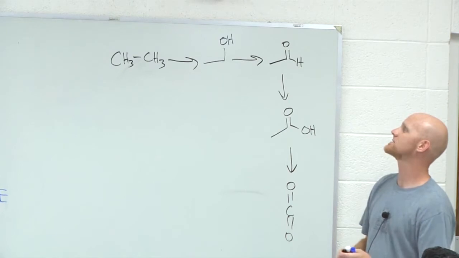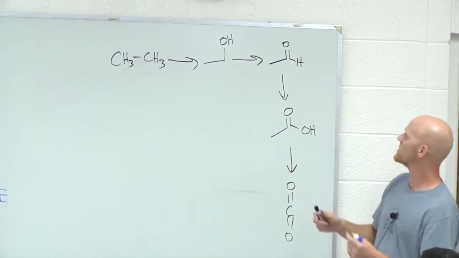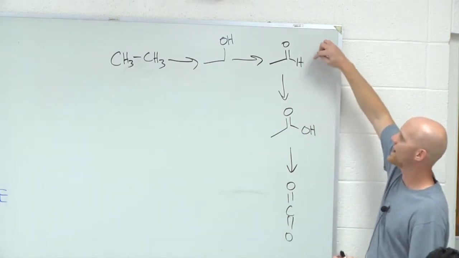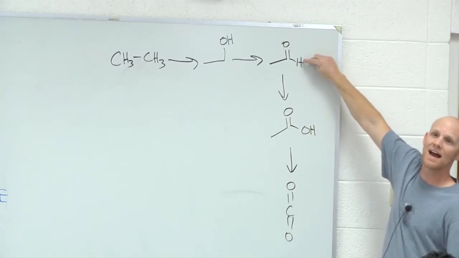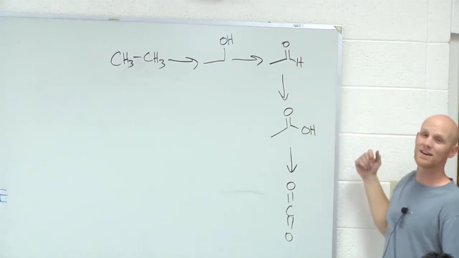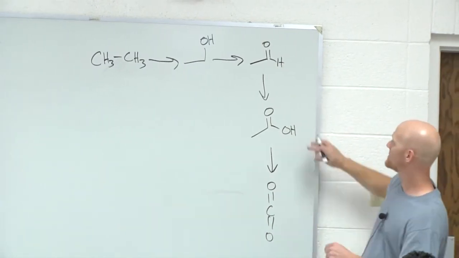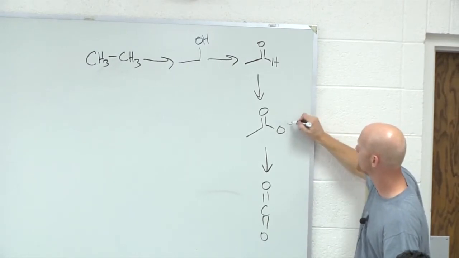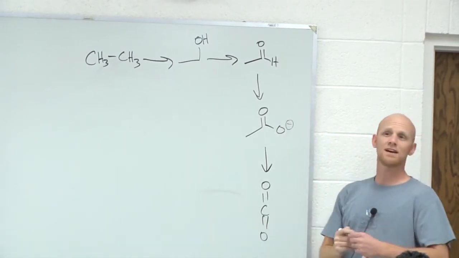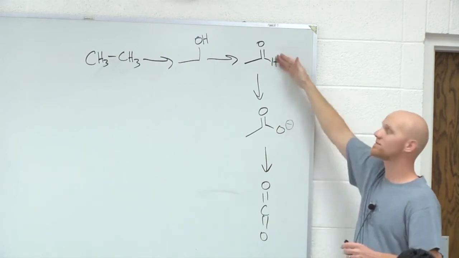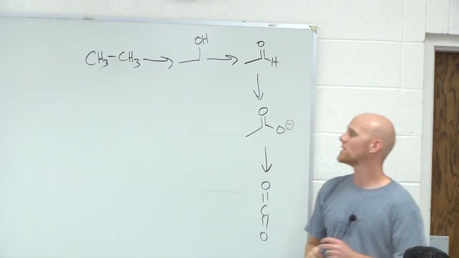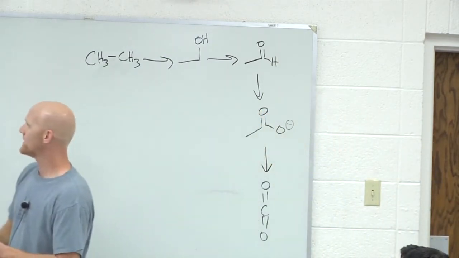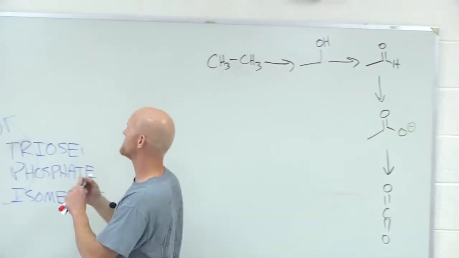So we're about to see one of our oxidation steps. In this case, right now, we have glyceraldehyde 3-phosphate. It's an aldehyde. If I oxidize an aldehyde, what do I get? Carboxylic acid. In our case, we're actually going to look at it as a carboxylate, because at pH 7, it'll exist in the conjugate base form, but that's still an oxidation. So in this case, we now have 2 molecules of glyceraldehyde 3-phosphate.